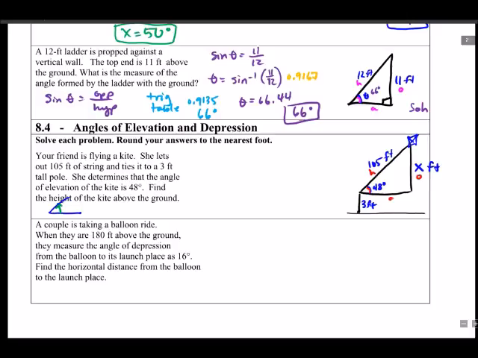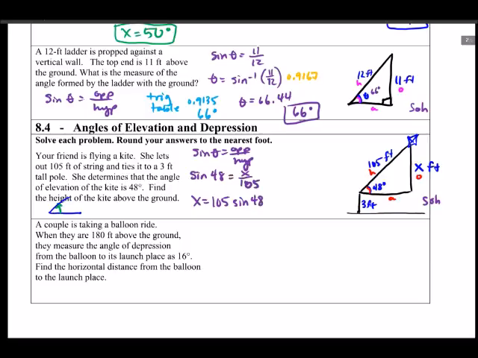Opposite, hypotenuse, adjacent. We are looking at opposite and hypotenuse, so another sine. So sine theta is opposite over hypotenuse. So sine of 48 is x over 105. Oh good, these are easy when x is on top. We simply multiply. X equals 105 times the sine of 48.